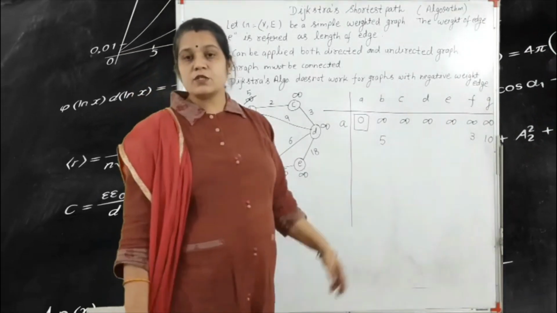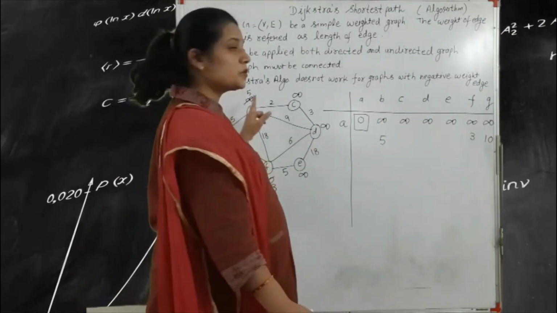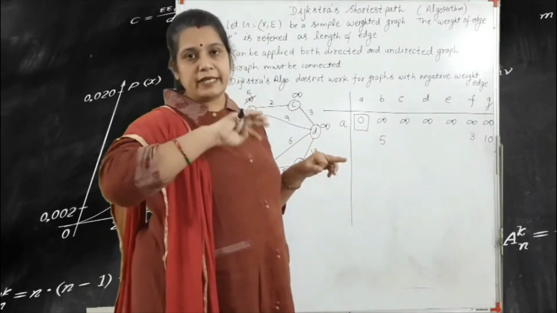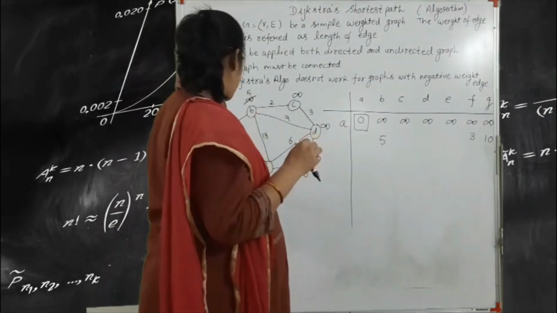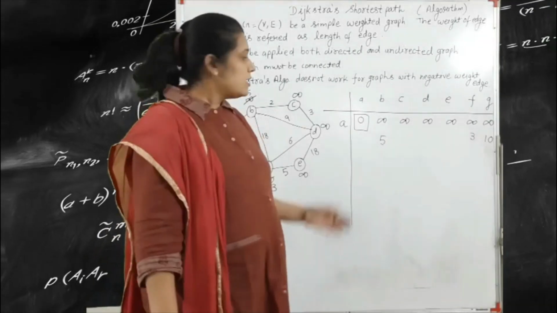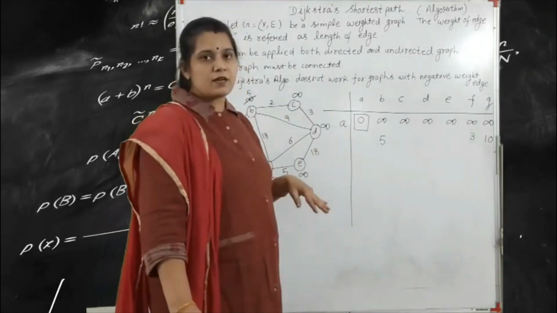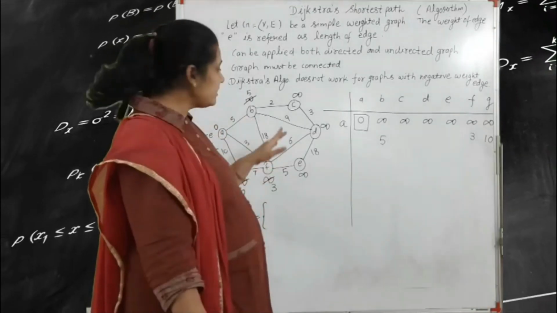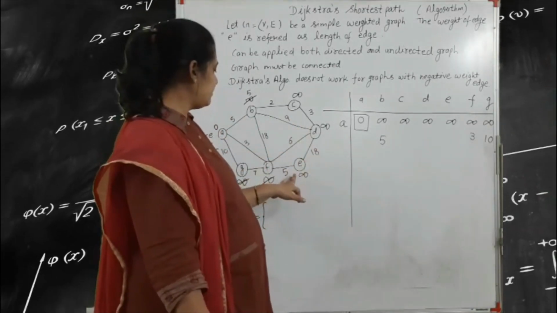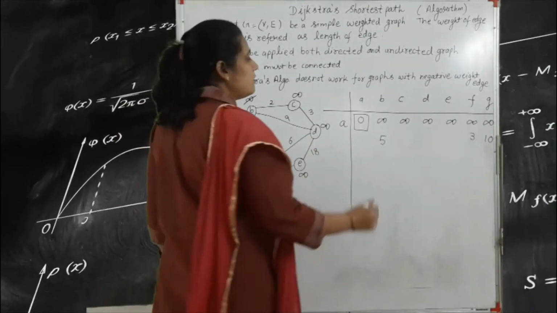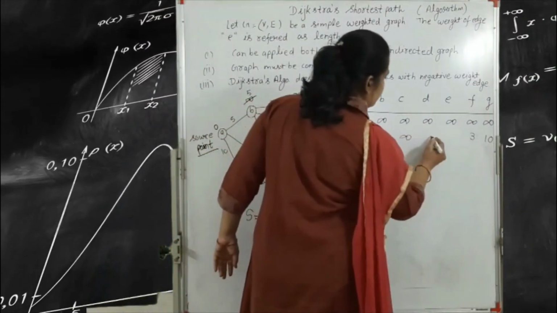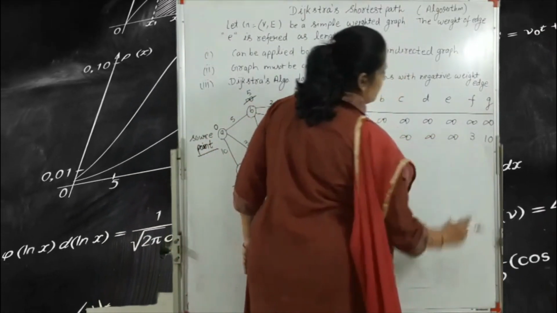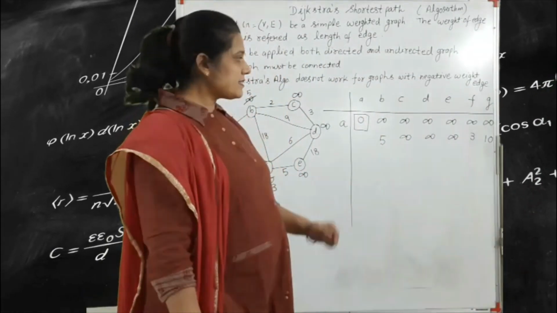Okay, so this is your total distance from vertex A to B, F and G. The remaining vertices, because A is connected only to B, F and G, not connected to C, D and E. Got it? So here we write the infinite sign as it is.